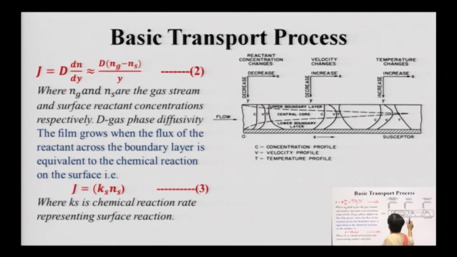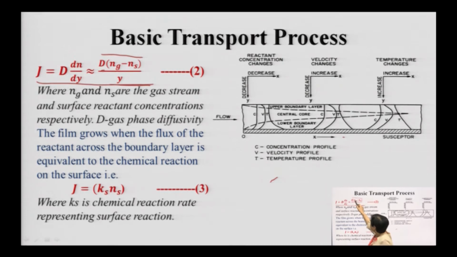With this there is the introduction of the gas flow, but when the gas is coming over the substrate, the concentration gradient along the distance y, and the constant with which it is getting deposited or diffused onto the wafer substrate, is denoted by this constant D. So, this is the flux with which it is introduced along the concentration gradient, where Ng is the concentration of the reactant in the gas and Ns is the surface reactant concentration.